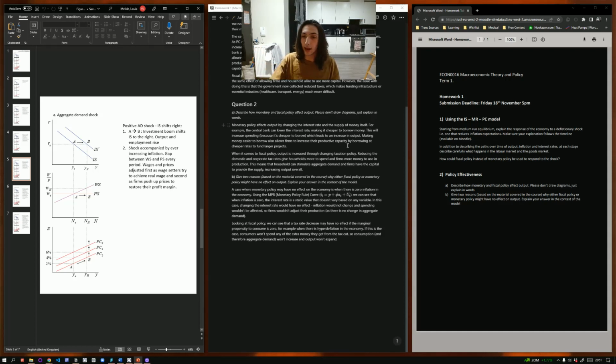Now, when we talk about giving 2 reasons, based on the material covered in the course, why either fiscal policy or monetary policy might have no effect on output, this is brought up in week 5 in expectations. I've used the case where we're assuming inflation is static in the economy.